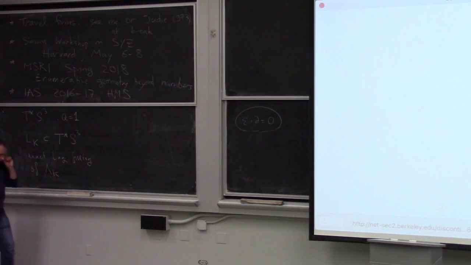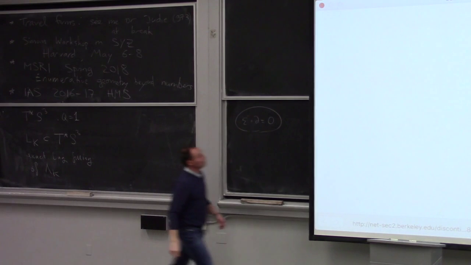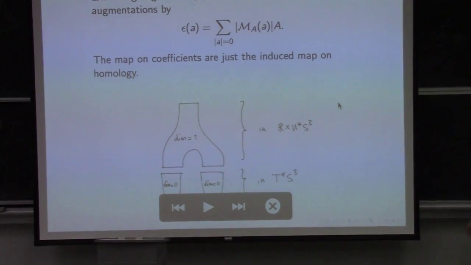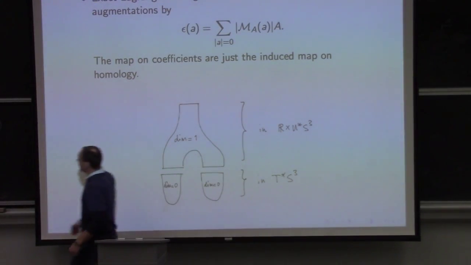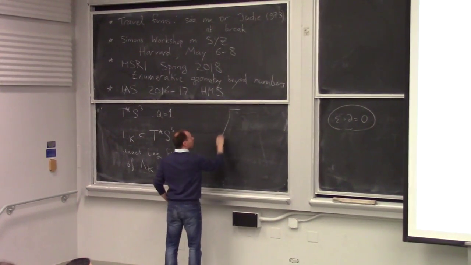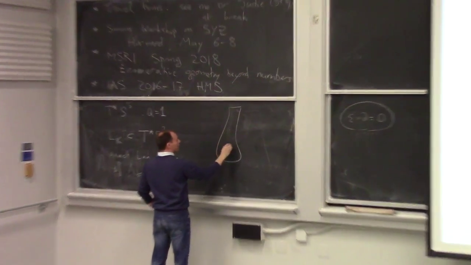So such an exact filling does induce an augmentation as follows. What we're doing is we define a map which counts holomorphic curves of the following form.